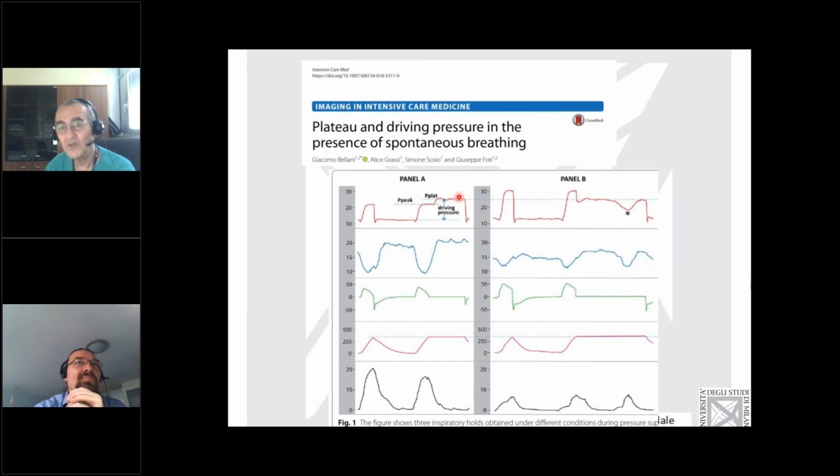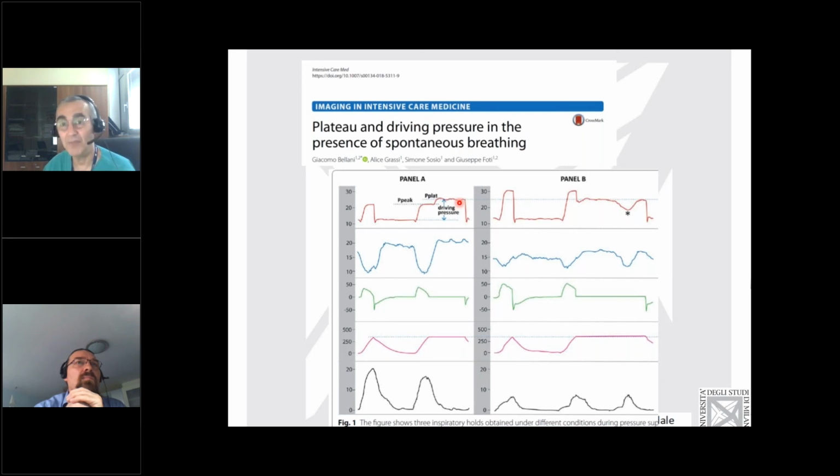But once you realize that this is a plateau pressure, then you have a really important number that helps me to see if a patient should continue spontaneous breathing, or maybe I should go back to controlled mechanical ventilation.